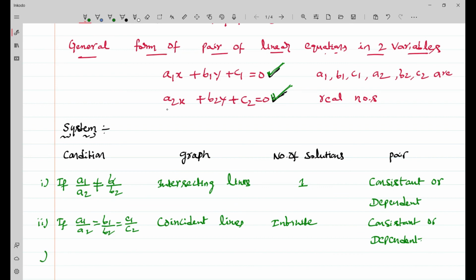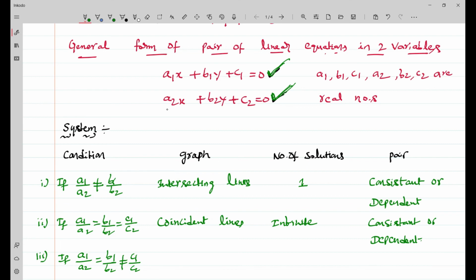Now let's see the last situation, that is if a1 by a2 is equal to b1 by b2 is not equal to c1 by c2. Now in this situation, if you draw these two lines in the same graph, then they don't intersect each other, both are parallel lines in the graph.